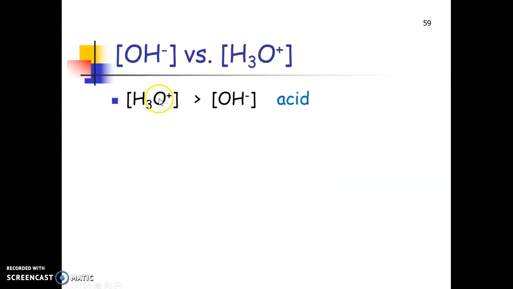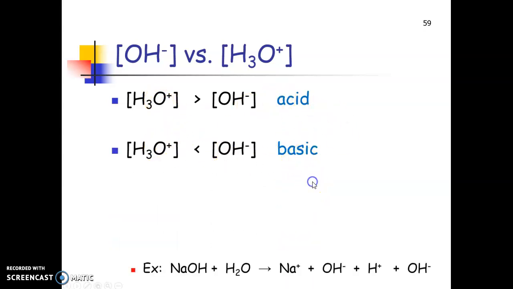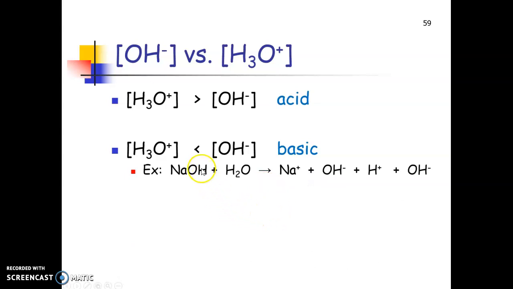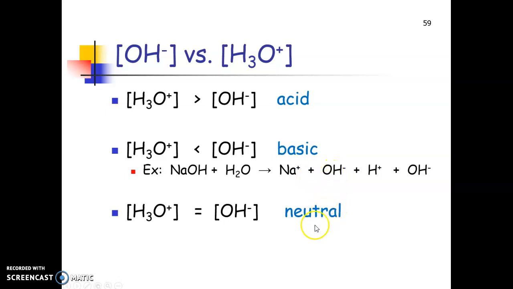Alright, so if you have more hydrogen ions than hydroxide ions, it's an acid. Vice versa, it's basic. Here's an example of that. So if some sodium hydroxide dissolves in water, it would result in there being additional hydroxide ions added. And then in the case where hydrogen ions or hydronium are equal to hydroxide ions, then you have a neutral solution.